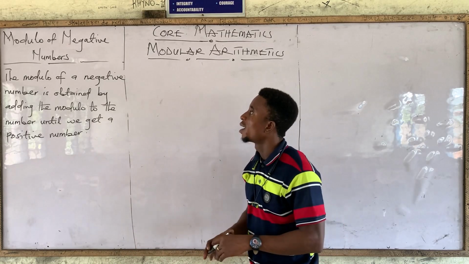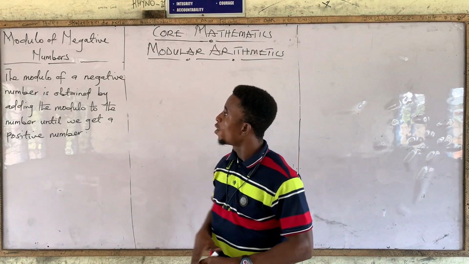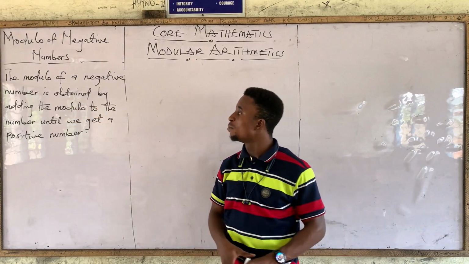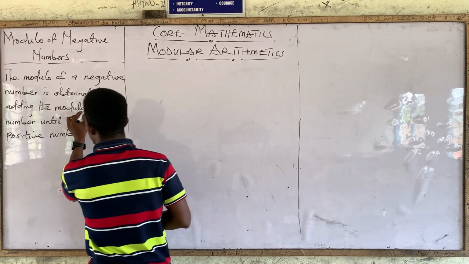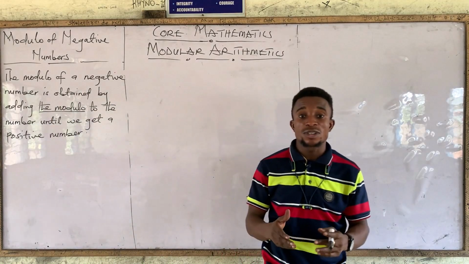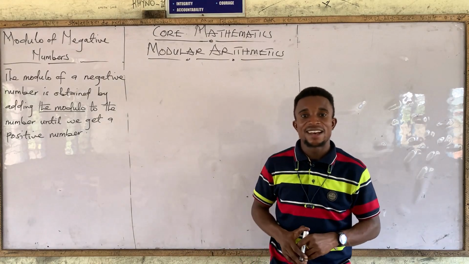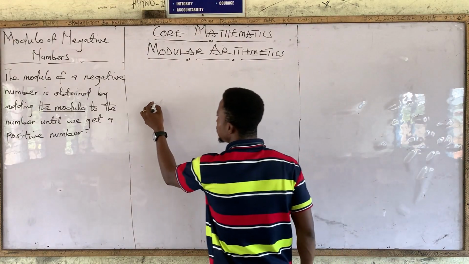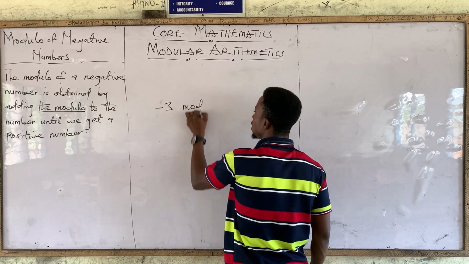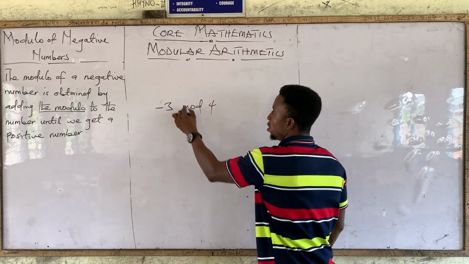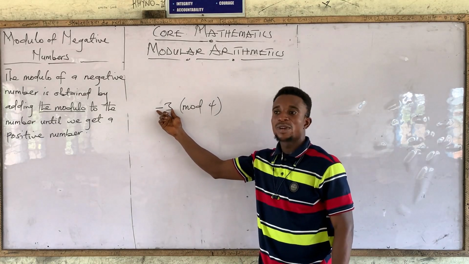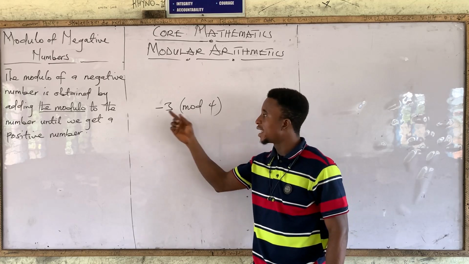Let's now come back. Modulo of negative numbers. The modulo of a negative number is obtained by adding the modulo to the number until we get a positive number. For example, if I give you negative 3 mod 4, this is a negative number, and we are taking the modulo of a negative number.